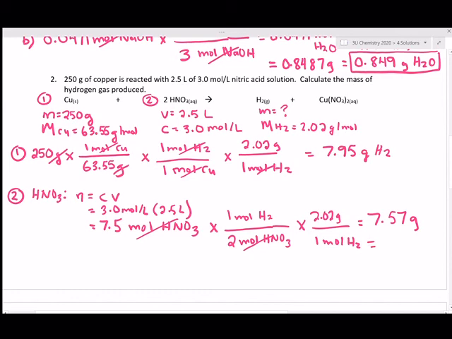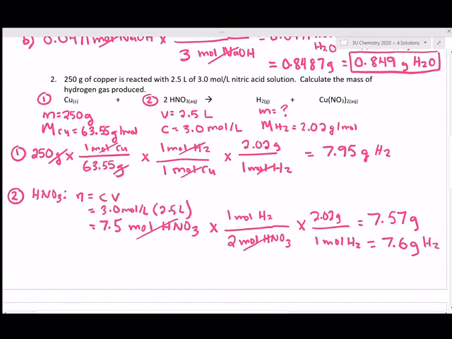With this question, notice how we have some stuff that only had 2 sig digs. Up here we had 3, 4, 3. Here we've got 2, 2, and 3. We are actually only allowed 2. Okay, so based on the acid, we're going to make 7.6 grams of hydrogen.